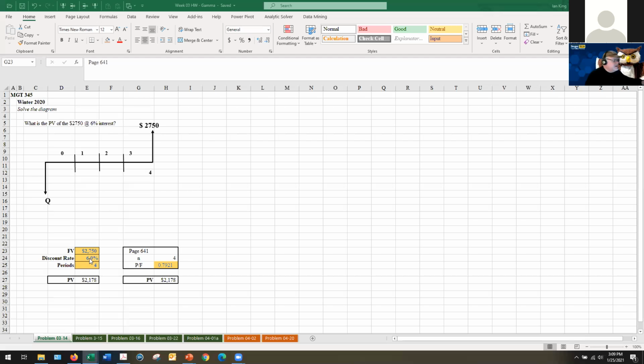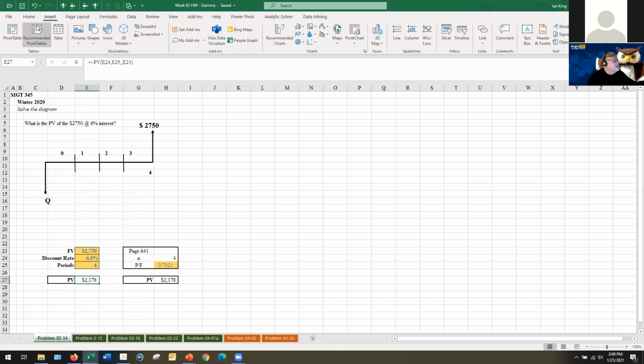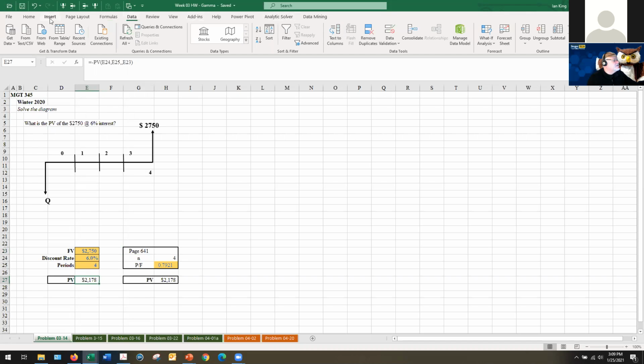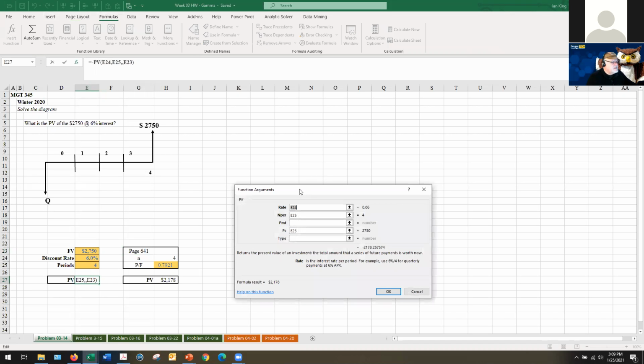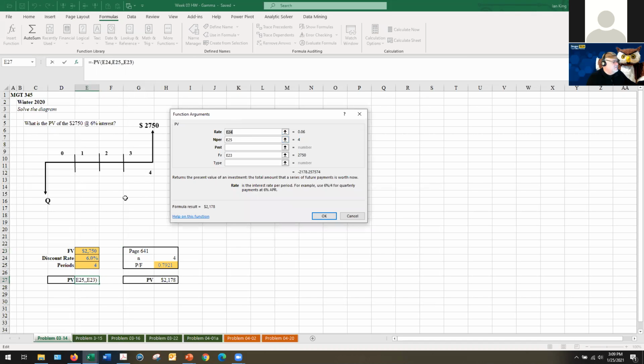So in this particular case, I did it 2 ways here. I had a present value factor here, and I used this formula. If you go to function insert, formulas, where I pulled this up, I just had the rate they gave you, 6%.